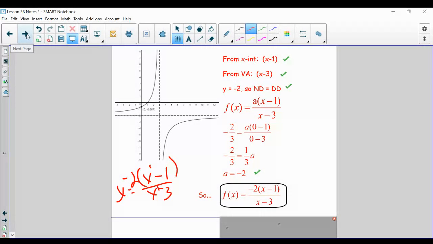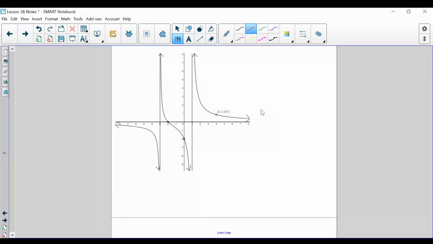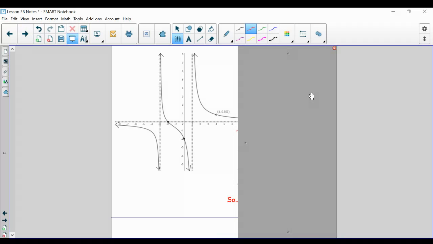All right, one more. Let's go a little bit harder one. So this one, we've got two vertical asymptotes, a hole, and an x-intercept. All right, so let's run through those step by step again. X-intercept at -2, so x plus 2, excuse me. Vertical asymptote, you have two of them, one at 1 and another one at -3, so x plus 3 and x minus 1 are your factors for that.